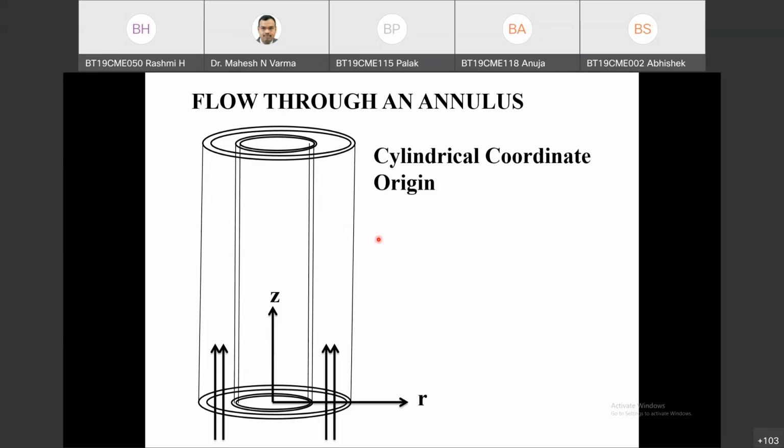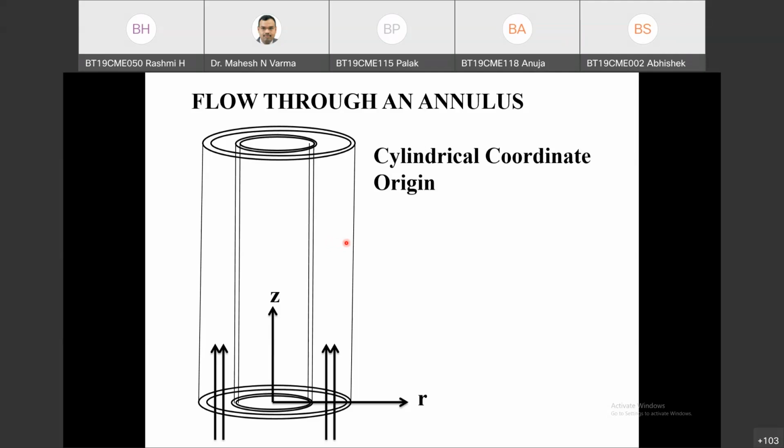Okay, and where will it be? It will not be at this center. Whether it will be towards this wall or towards this wall. Towards the inner wall. Okay, so we'll discuss that thing.